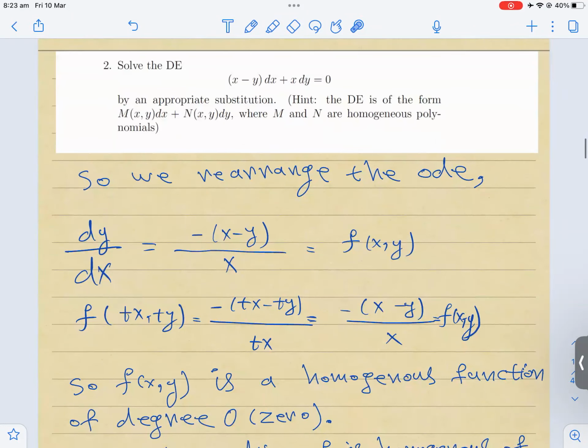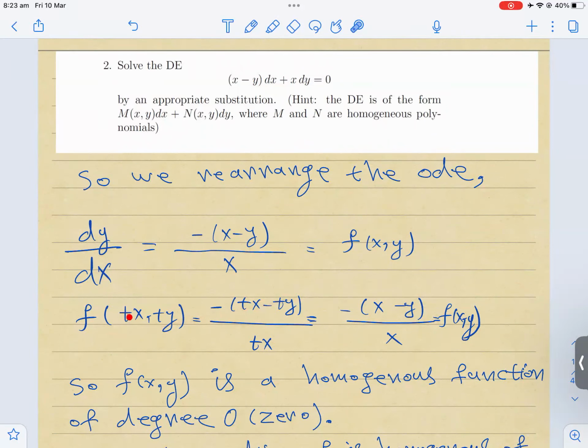Question 2. It's about y prime equal to f of x, y, where f of x, y is homogeneous of degree 0. So I rearrange this one. So y prime equals minus x minus y over x.